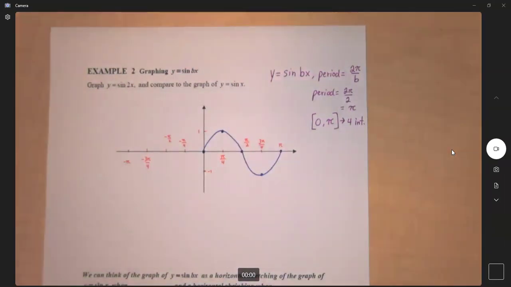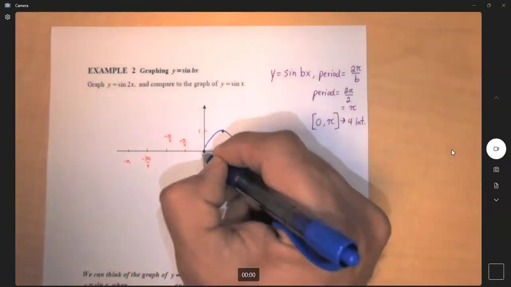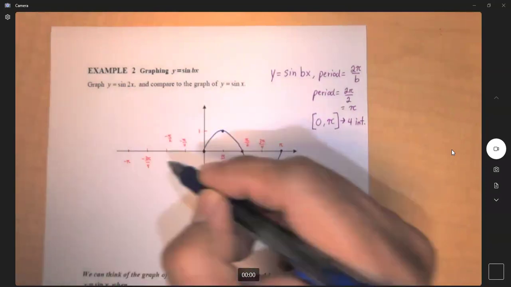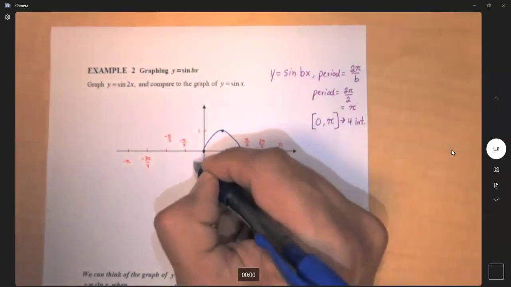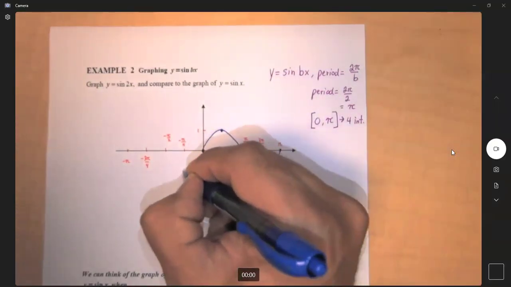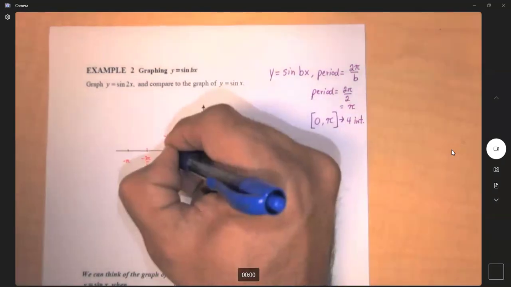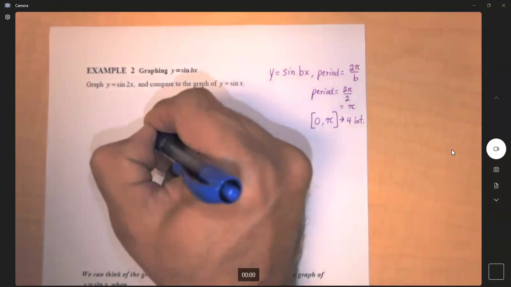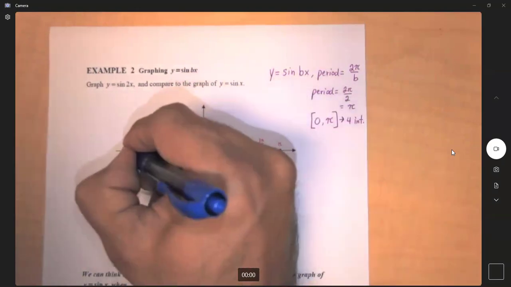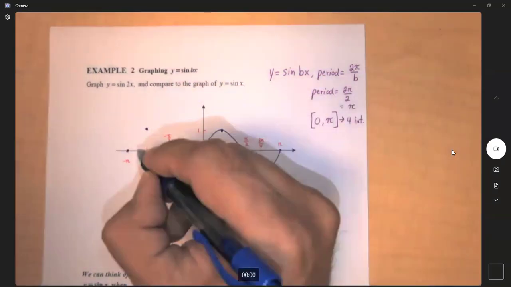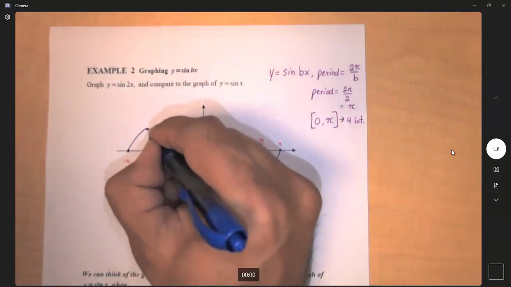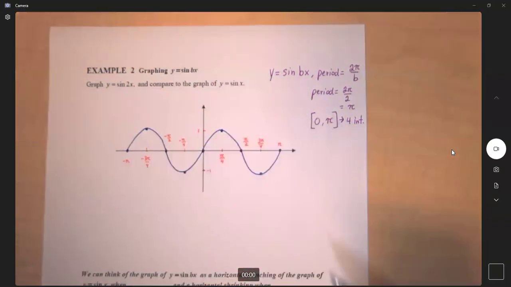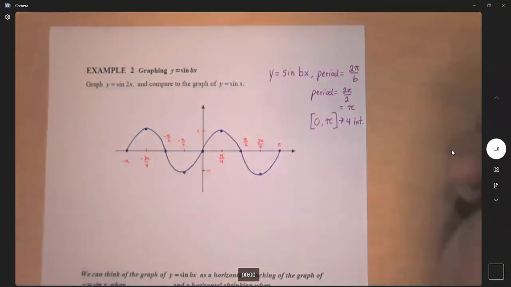And if you wanted to, you could extend the graph this way. You just follow the symmetry there. So at negative pi fourths, it would be -1, and then 0 here, and then +1 over here, and then at negative pi would be 0. And you can see there the repetition of the sine graph.